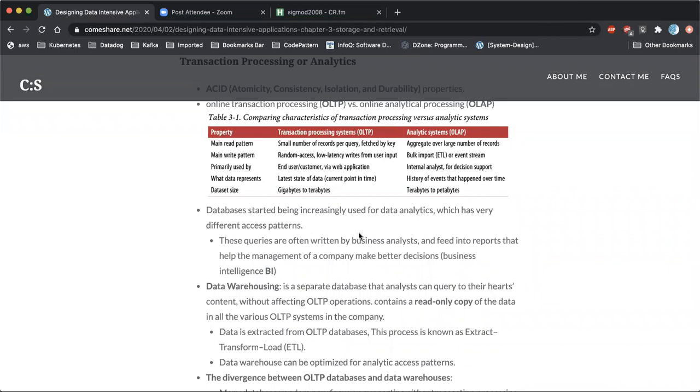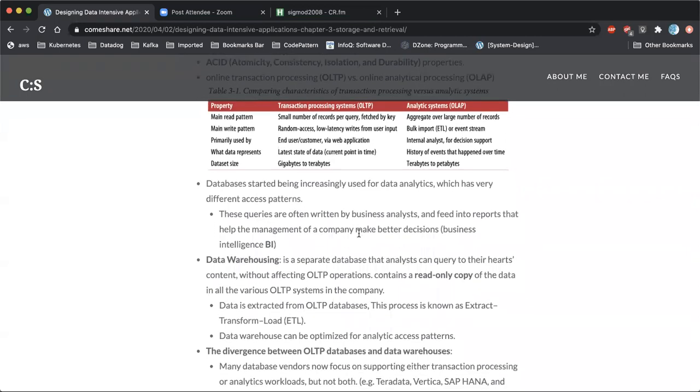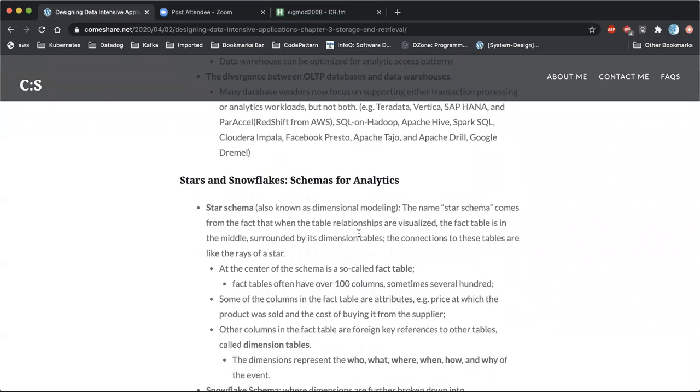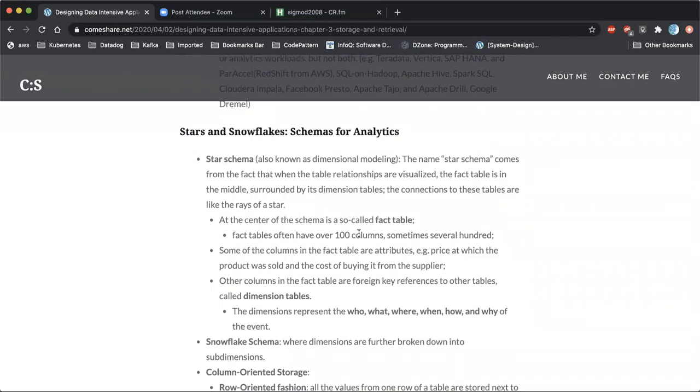I think in the next sections he talked about how we make them more optimized. But in this section that's what he introduced us to, and I think stars and snowflakes are the two kinds of models for how this data is stored for OLAP.